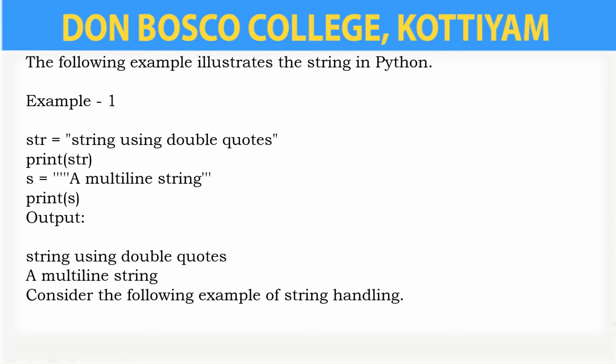Here we have some examples like str is equal to, in double quotes, string using double quotes, then the statement print str, then another statement s is equal to, in triple quotes, a multi-line string, and the next Python statement is print of s. So the output will be string using double quotes and a multi-line string.